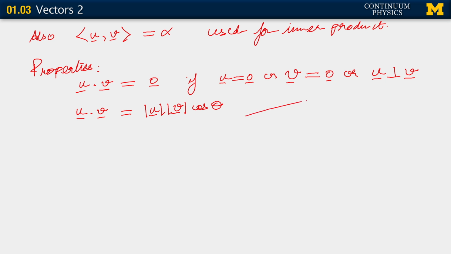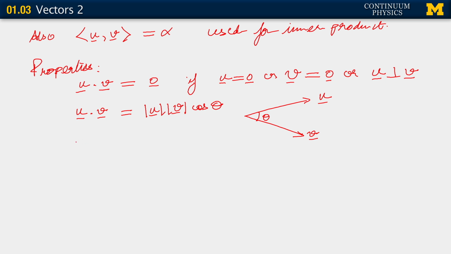So if that's our vector u, this is our vector v, and that angle between them is theta, then u dot v is u times v times cosine theta, all right? Where it really doesn't matter which direction theta is measured in, okay? And that's a property of the cosine function.